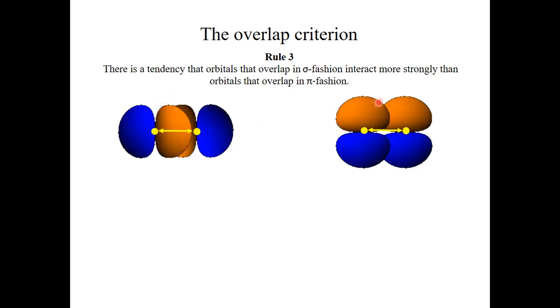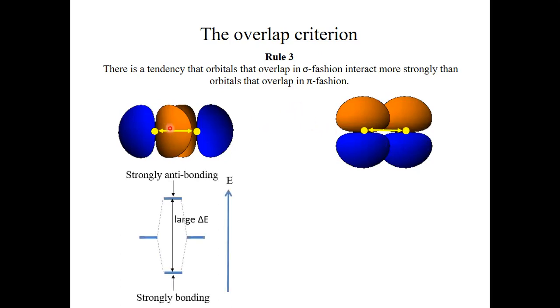Whereas when they are oriented perpendicular to that, they can still interact covalently. In this case, they interact covalently in pi fashion, but because of the less favorable orientation, orbital overlap is not as strong. And therefore, the covalent interaction is weaker. Again, you have to consider that when you construct the molecular orbital diagram.